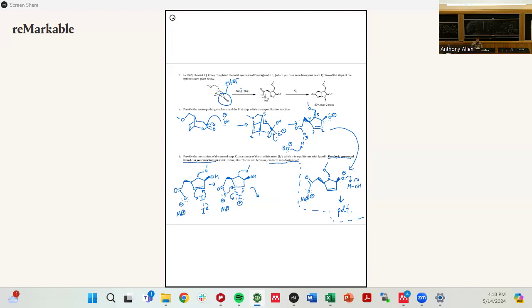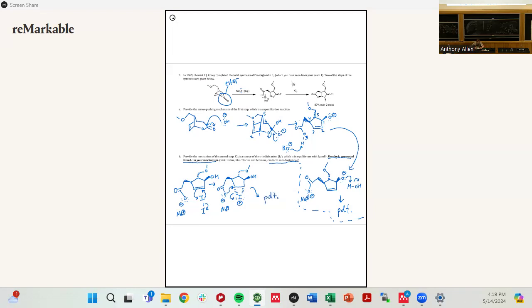This is an intramolecular example where the nucleophile is part of the molecule already. If you had water or an alcohol around, that would have attacked this. But since we already have a nucleophile in the same molecule, it's much easier for that to come in. And that goes directly to the product.